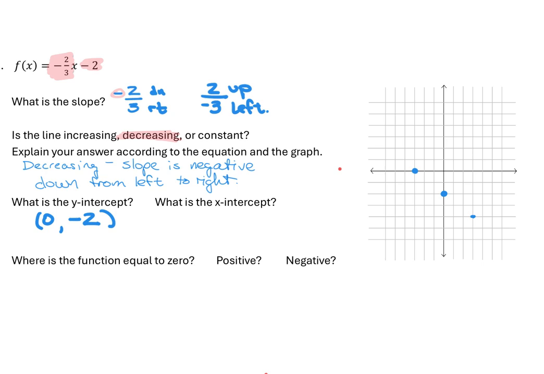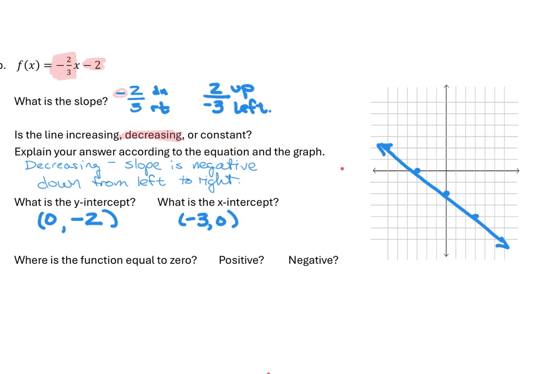All right, so we have our line, we have our points, we're going to connect the dots, and we've got our line. And so if we look at this, remember the goal was to find the x-intercept. And so our x-intercept is this point right here. And so our x-intercept is -3. And when x is -3, y is 0.